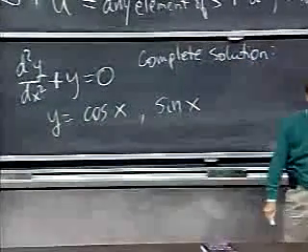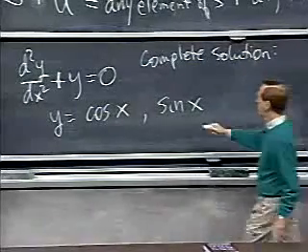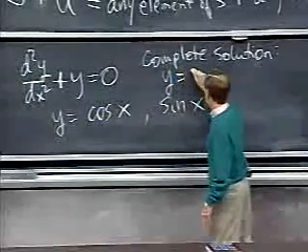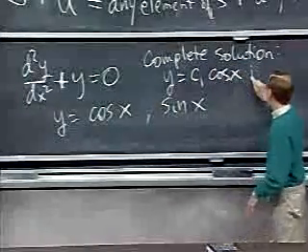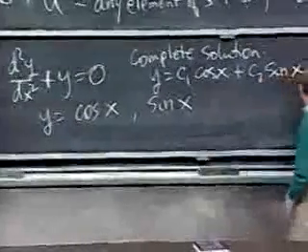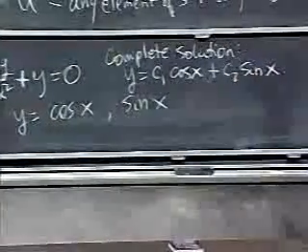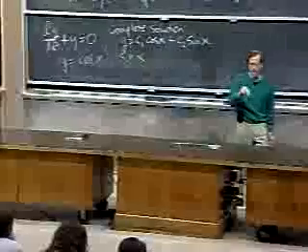A combination of these. The complete solution is y equals some multiple of the cosine plus some multiple of the sine. That's a vector space.